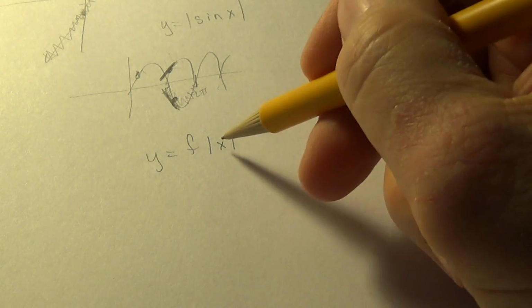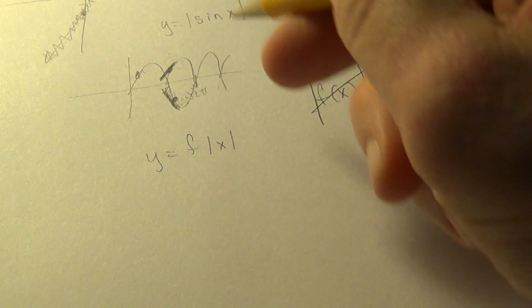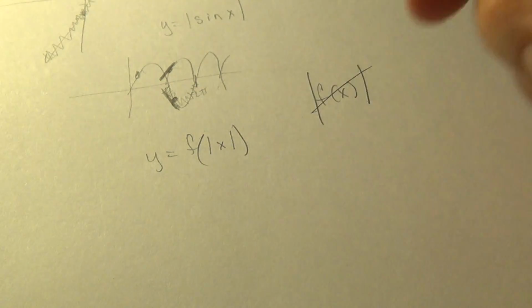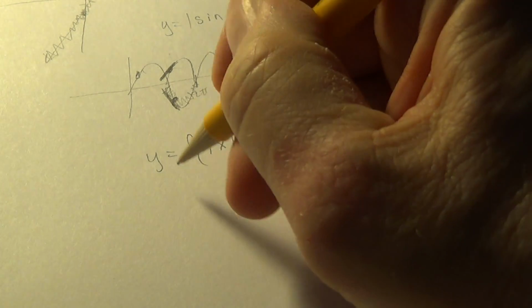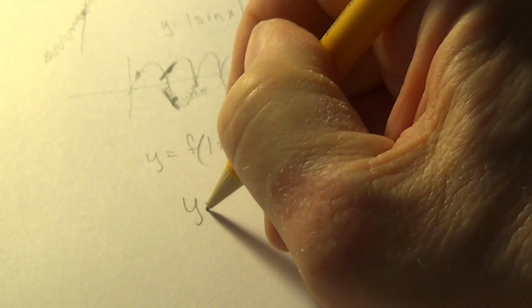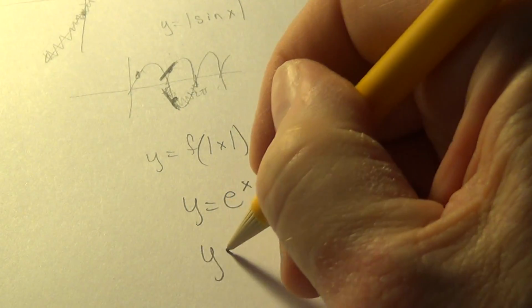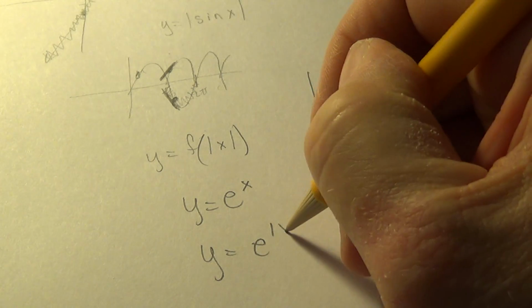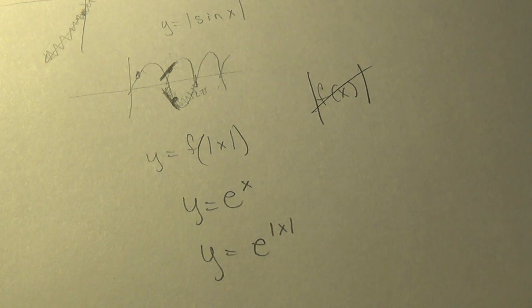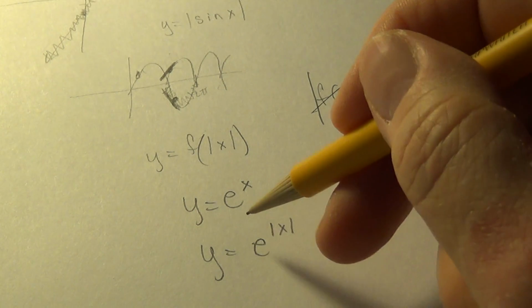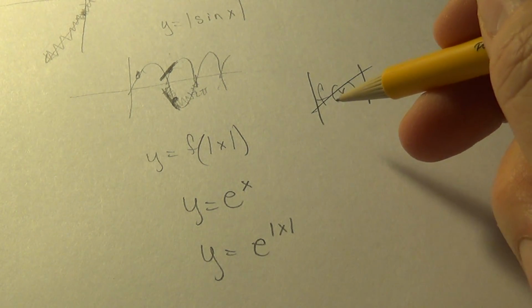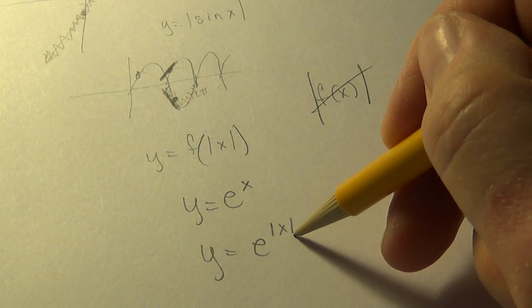What about when the absolute value is inside the f function? For example, we could have y equals e to the x, and then we could say y equals e to the absolute value of x. Do you see this whole function is not in the absolute value, but the x expression is.